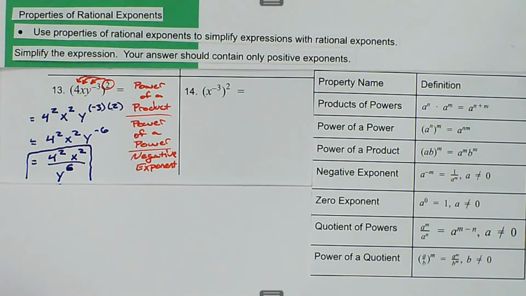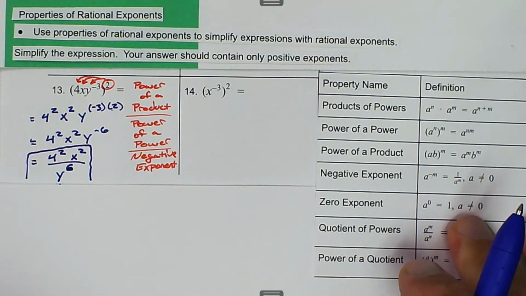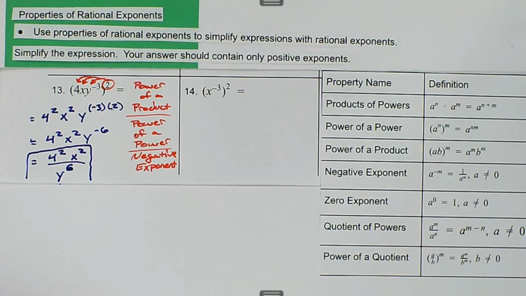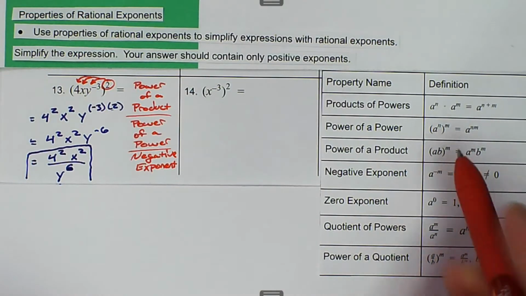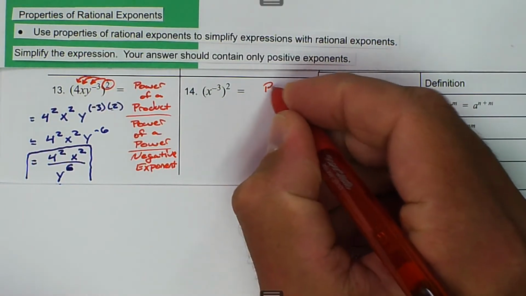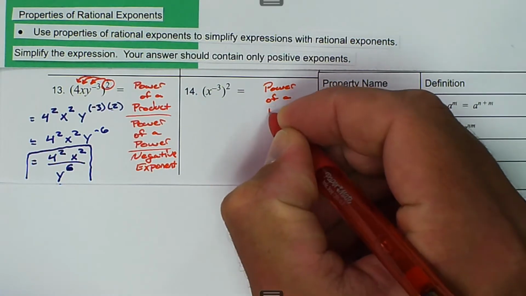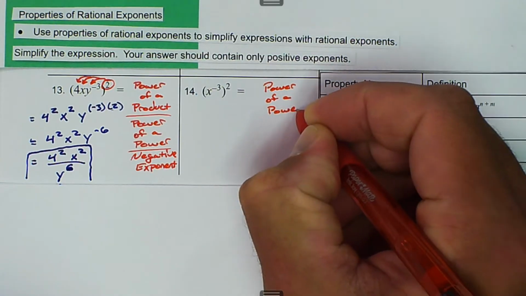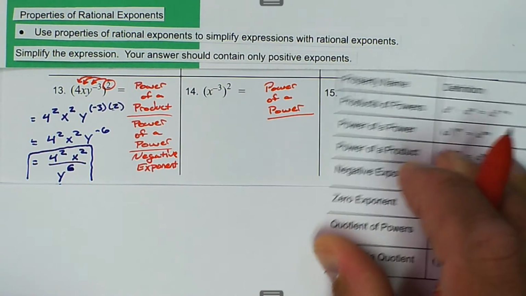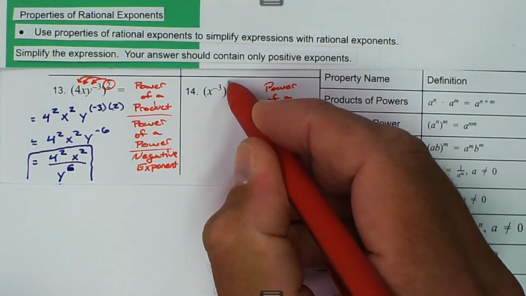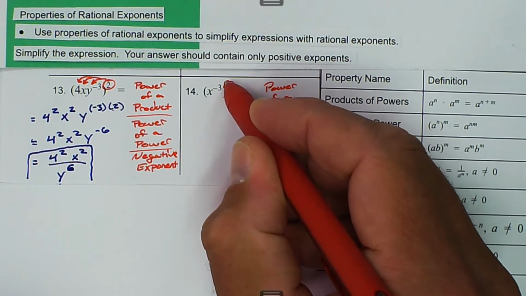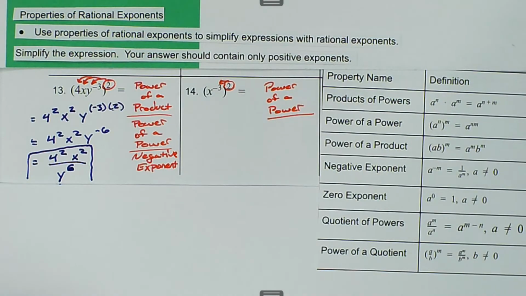Next one we have is x to the negative third raised to the second power. So here we have a power of a power. And what that says is we want to take the 2 and multiply it by the negative third.